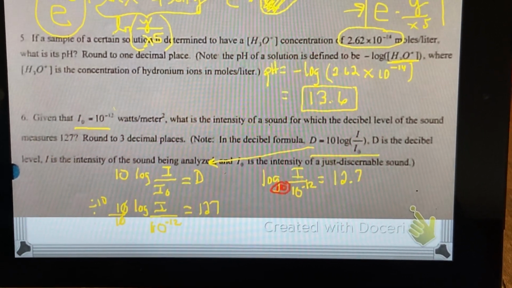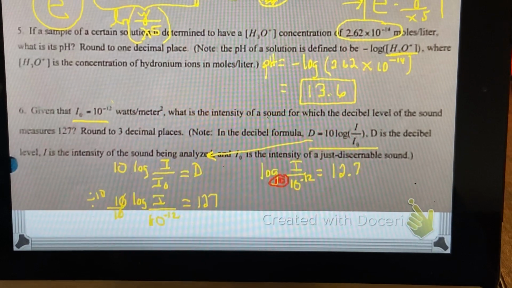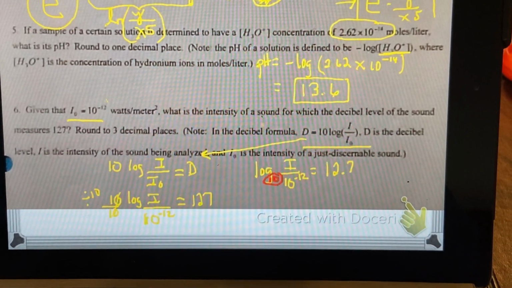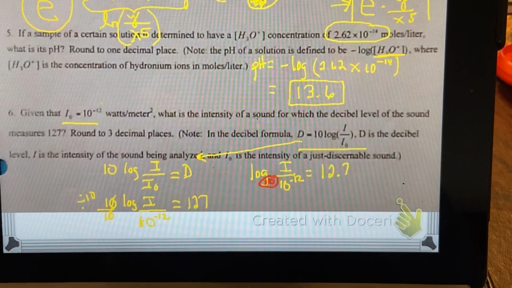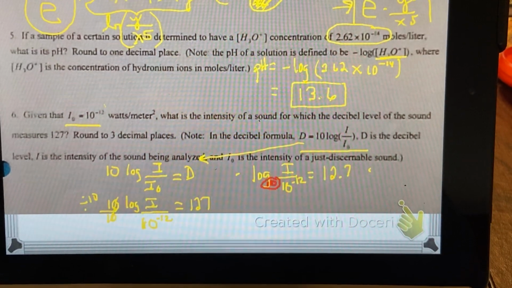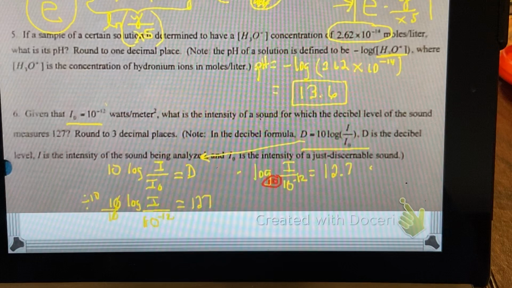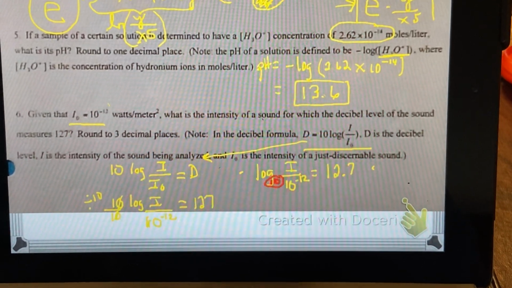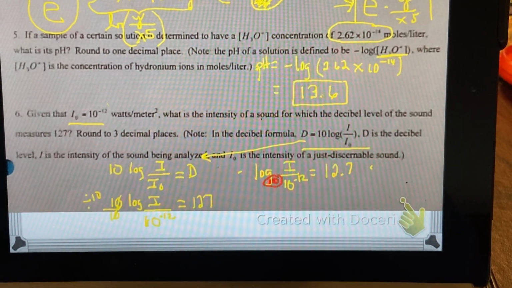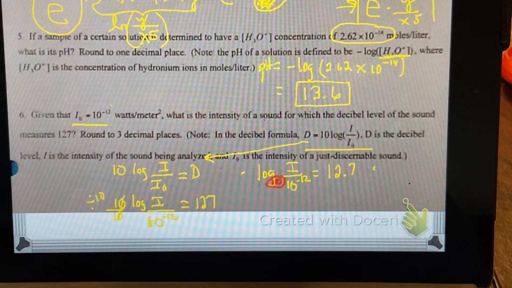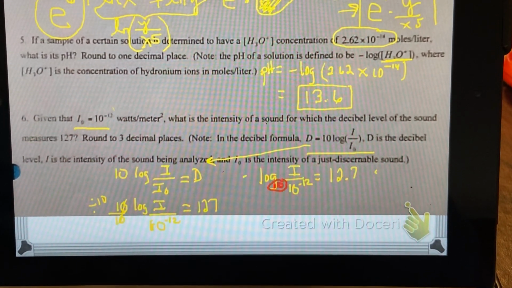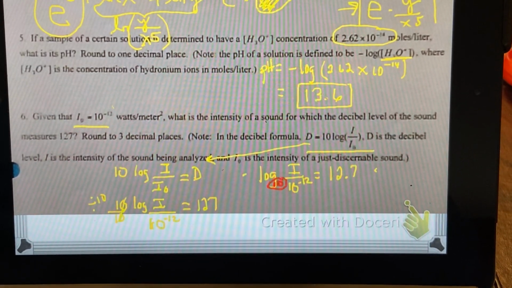Okay, sorry about that. I had to rewrite this out a little bit bigger. So this is what I get. This little piece right here is what I get when I divide by 10. Now, I added on a little base. So the red 10 means it's base 10. Log of something, if there's no subscript with it, it's understood base 10.